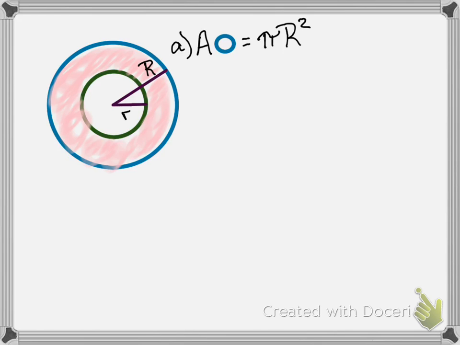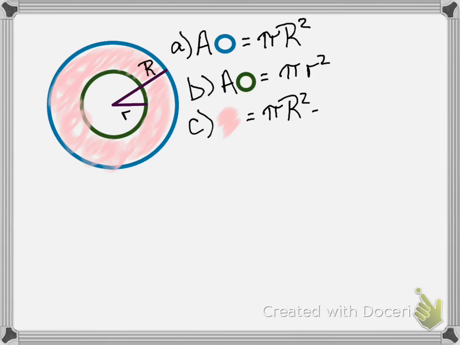Okay, so part A asked for the area of the blue circle, the outer circle. So that would be pi capital R squared. The area for the inner circle is pi little r squared. For the shaded area, it's the first minus the second.